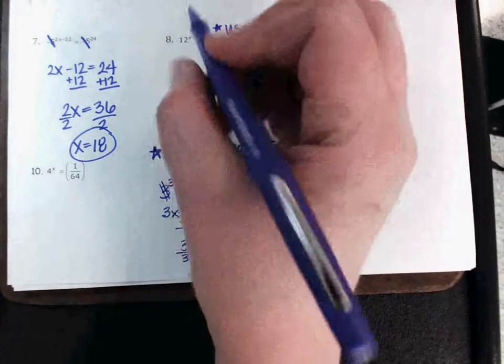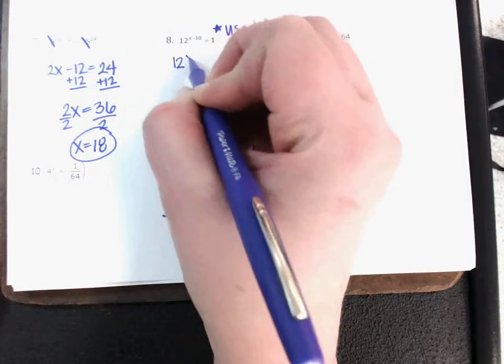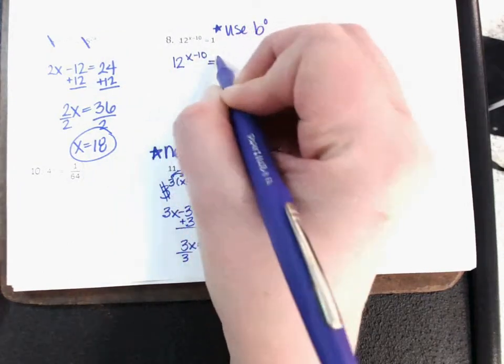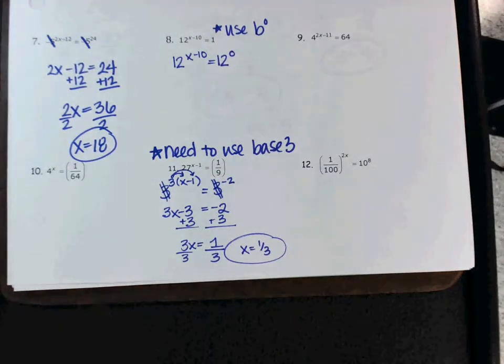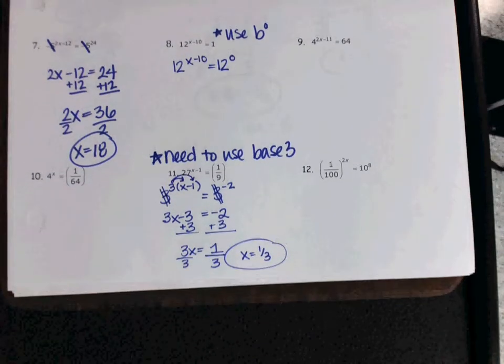So for example, if I was setting this one up, it'd have to be 12 to the 0. You could pick a different number, but if you do, they don't cross out. So that's the purpose of using the 0 exponent: you can use whatever base you want and they'll match each other. Okay?